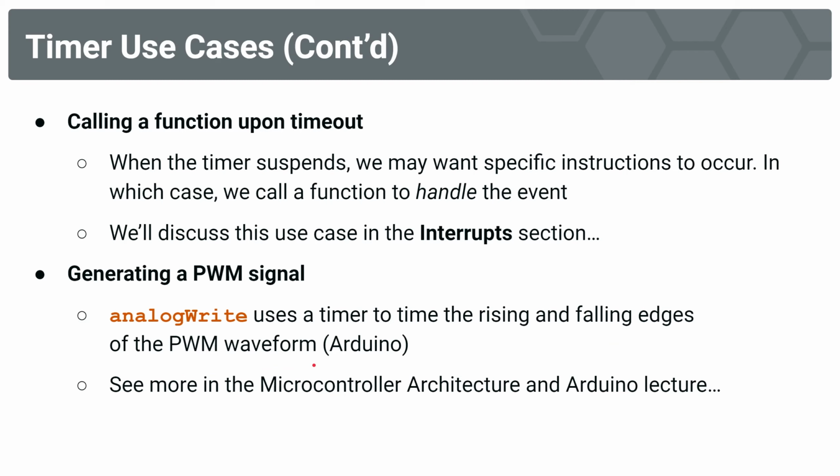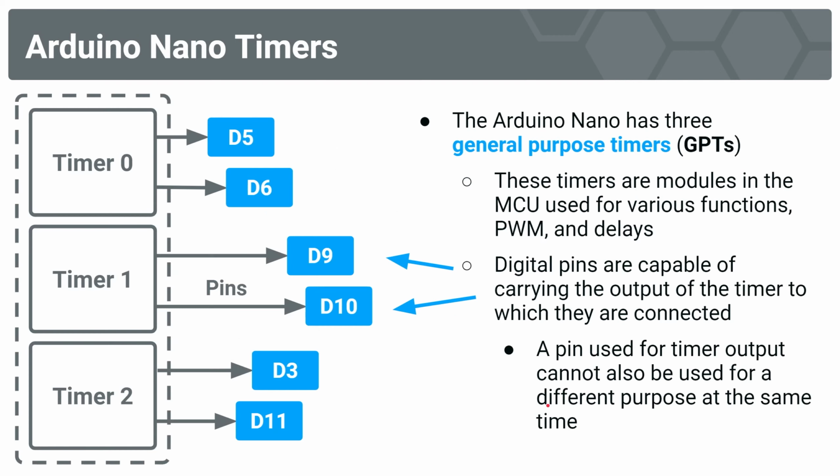So the frequency of that PWM signal is generated by a timer within the Arduino. And if you just need a refresher on how analog write works or what exactly PWM is, I invite you to go back to the microcontroller architecture and Arduino lecture.